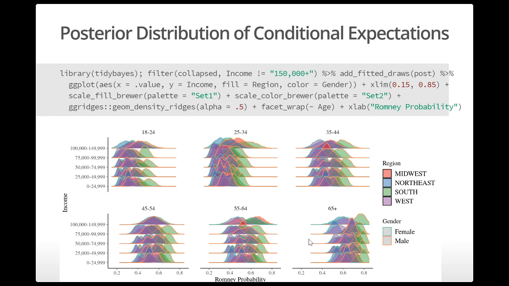You could take some pieces of it and make a more reasonable plot showing how the probability of someone favoring Romney varies according to income and age category, with different colors for the regions, and men and women.